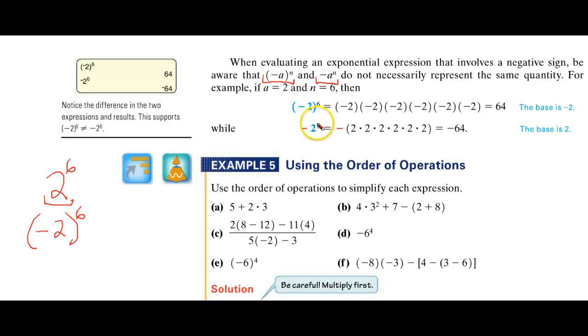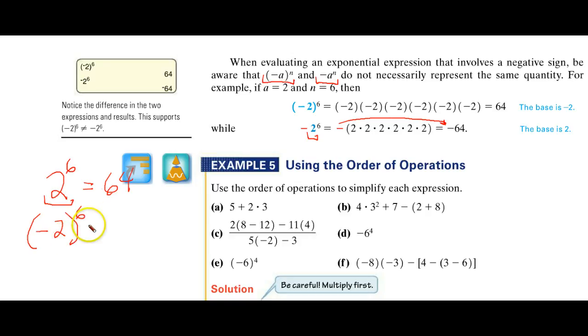Now here, what is your base? Your base is just the 2. So this is what you have. And then finally, you apply the negative sign. So the difference between these, again, is the difference between a right and wrong answer. So notice, this is going to be a positive 64.